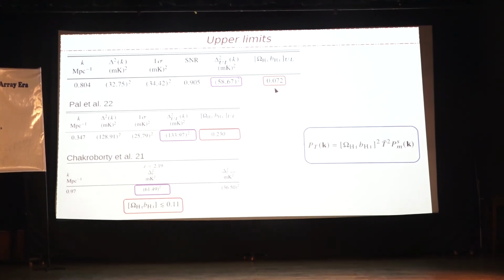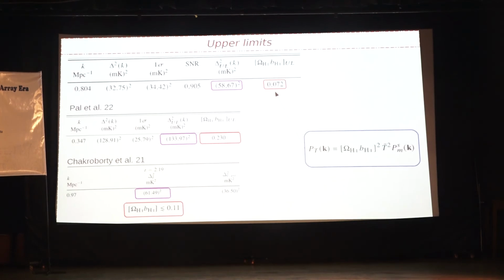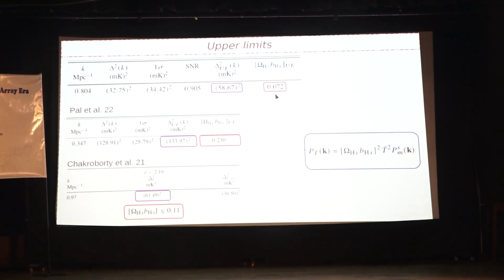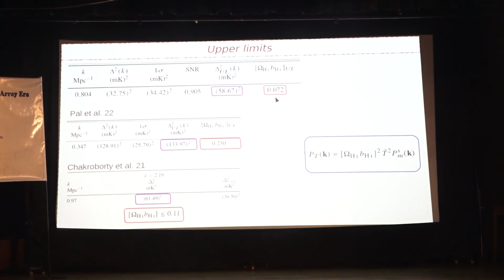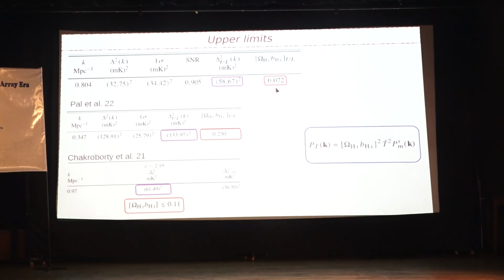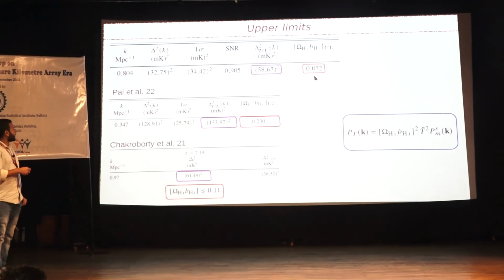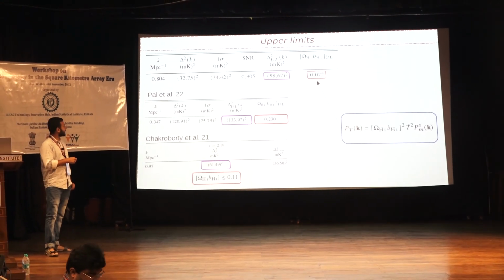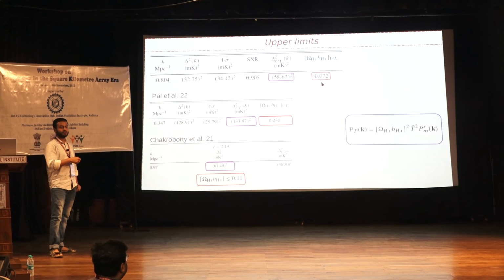You say it is an upper limit because you are not sure whether it is a signal or systematics. So we say that if there were a signal with an amplitude more than this, we could have detected it.